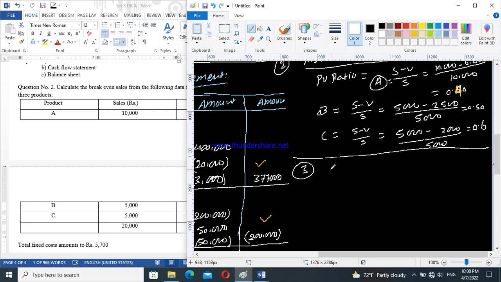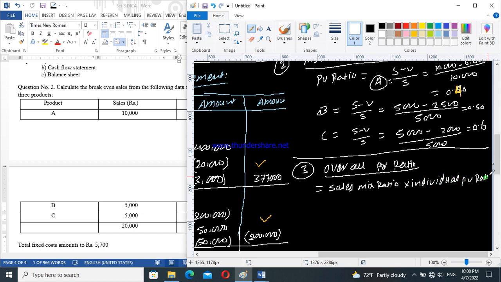Step third, overall PV ratio. It is also called combined PV ratio, which is equal to sales mix ratio into individual PV ratio, plus and so on.